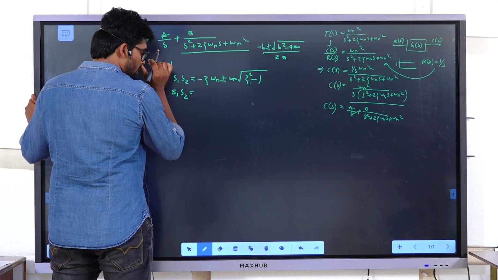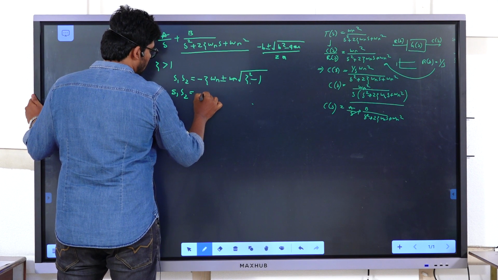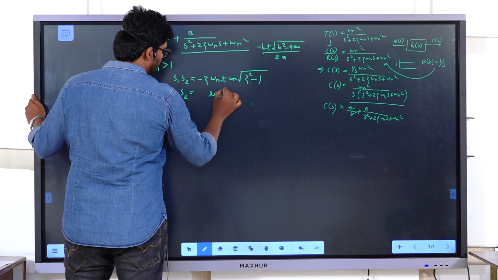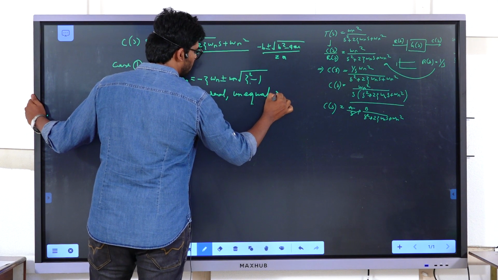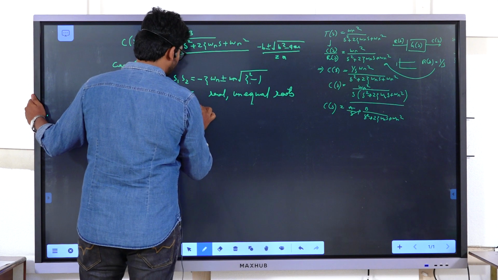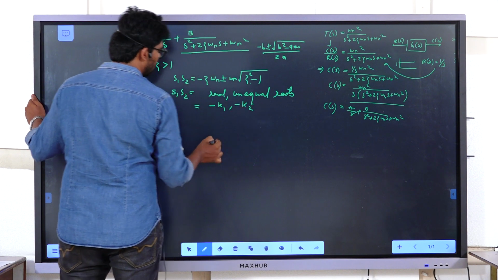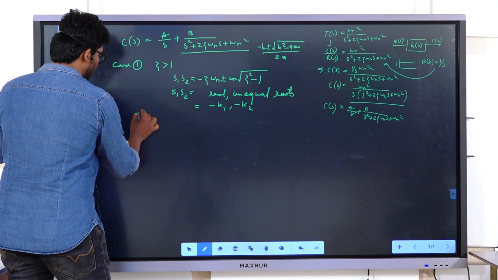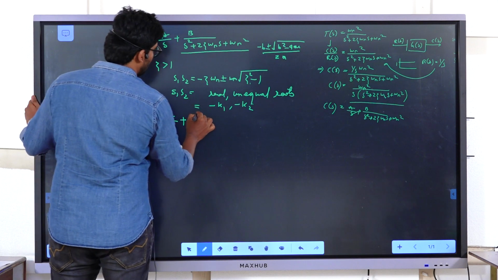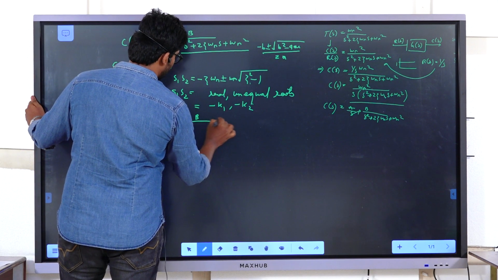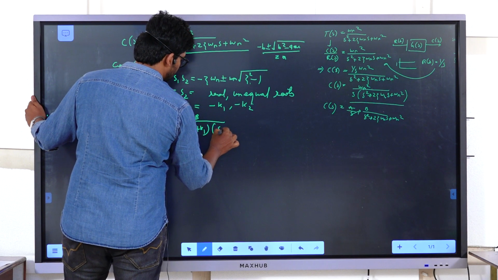zeta greater than 1 means we will obtain the roots S1, S2 real and unequal. Let us say they are minus k1 and minus k2. If you substitute this here, we'll have C of s equal to A by s, plus b by (s plus k1)(s plus k2).